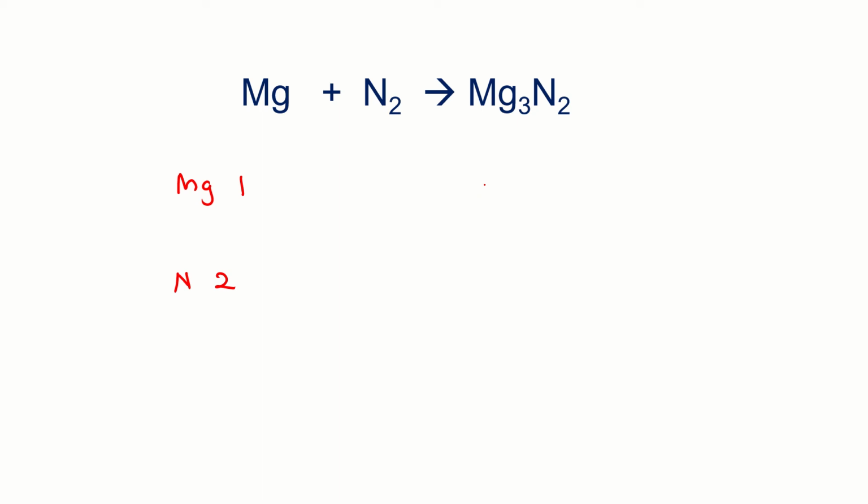Now what you have here, magnesium, you have 3 of them, and nitrogen, you have 2. Try to balance it. If you have 3 on this side, then you must have 3 on the other side. Put a 3. Is it balanced? Yes. Now the equation is balanced. Everything on both sides is balanced.